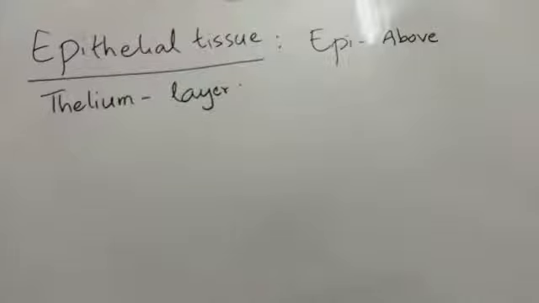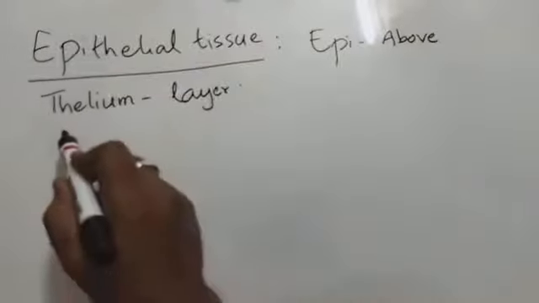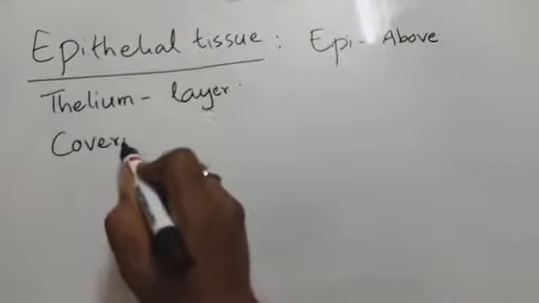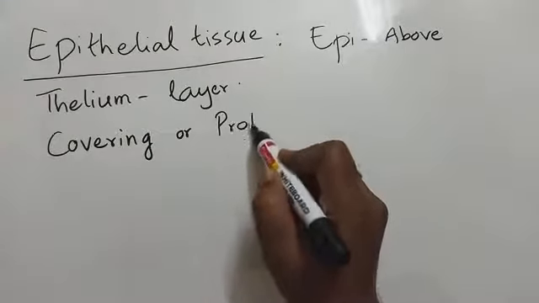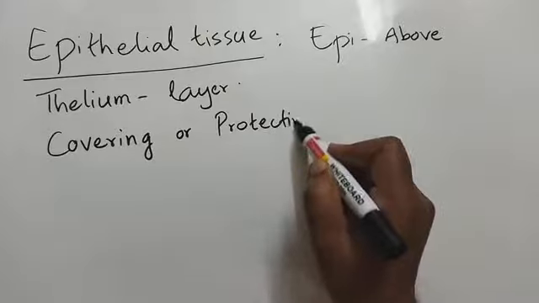In the same way, in animal tissues, epithelial tissue covers the surfaces of both external as well as internal organs. So it is the covering or protective tissue.